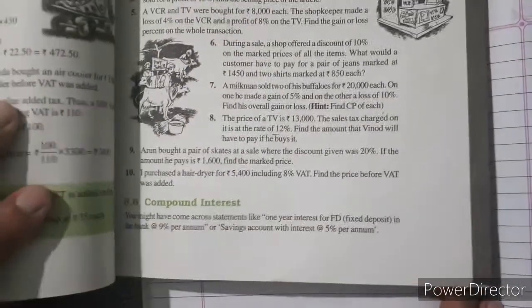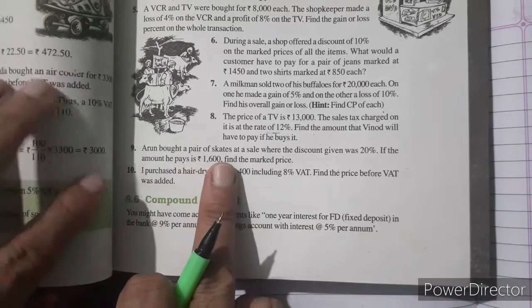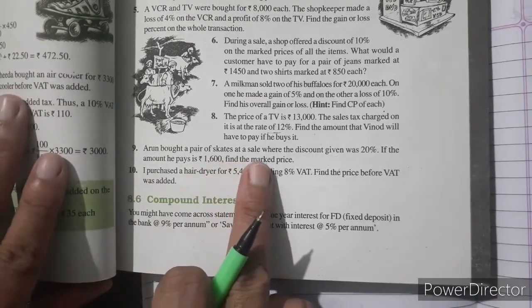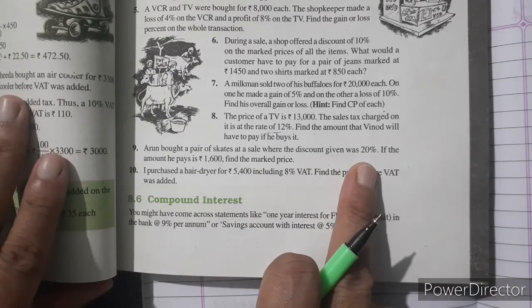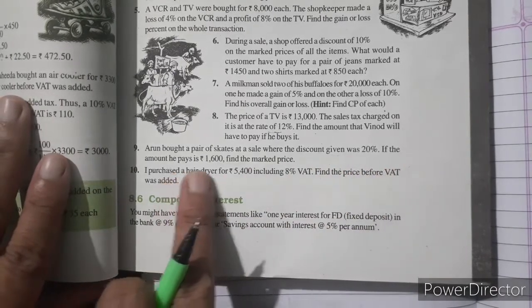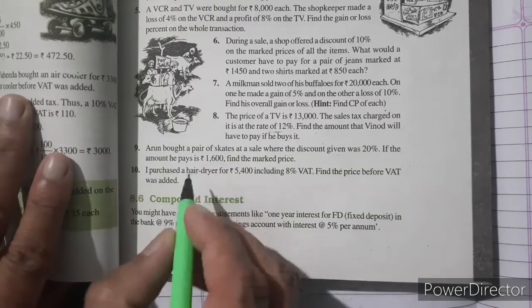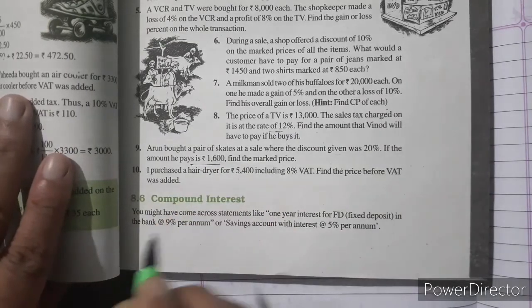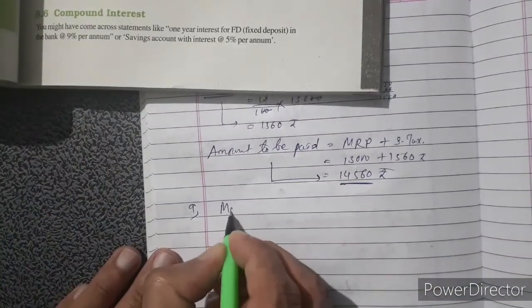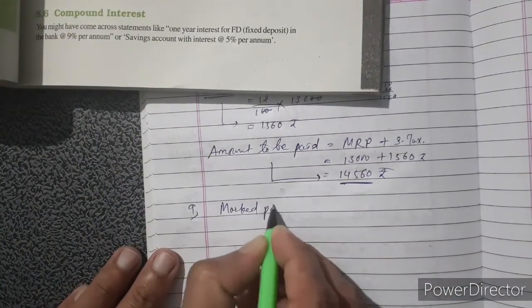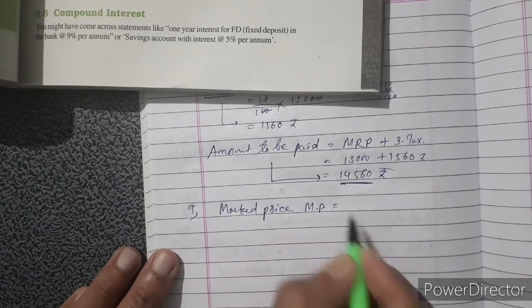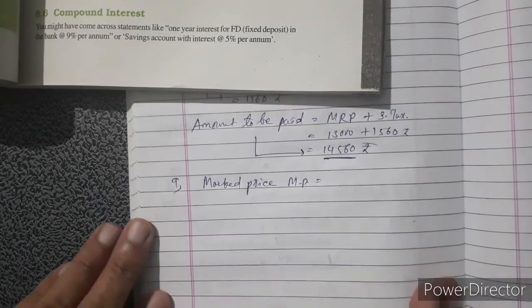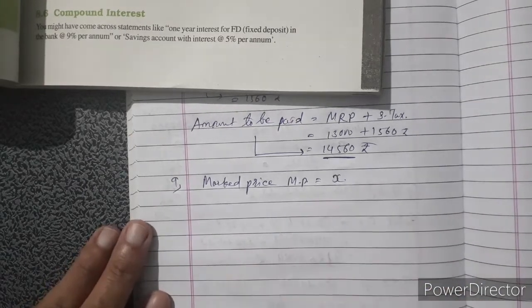Arun bought a pair of skates at the sale where the discount is 20%. The amount he paid is given, so you just find the mark price. Suppose the mark price, that is MP, otherwise you can take CP, is not given, so suppose it is X rupees.